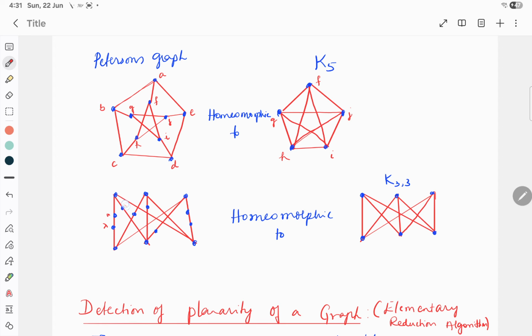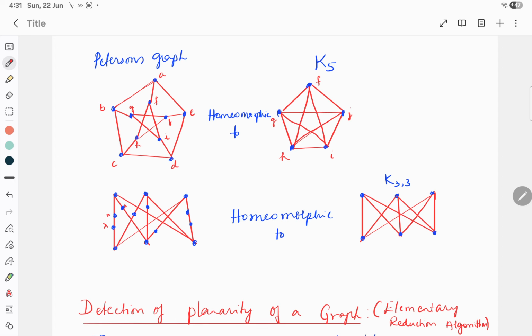Similarly, if I remove this vertex, I'll get this edge. Like this, if I remove all the extra vertices, I'll get K3,3, and therefore this graph is homeomorphic to K3,3. Therefore, the given graph is non-planar.